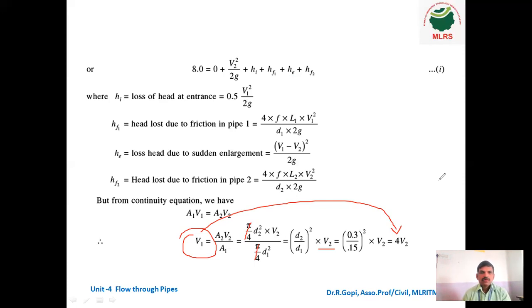Now, we know the formulas of the different major losses and minor losses. Wherever V1 is there, I will put 4 V2, because V1 is equal to 4 times the velocity V2.